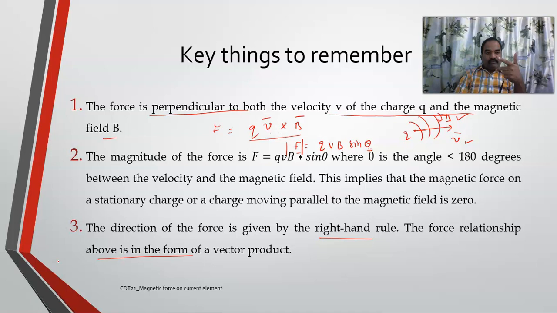It gives you the direction of the force experienced by the charge when it is moving in the field. The details regarding the right hand rule, the left hand rule and the right hand thumb rule we will discuss in the next class.